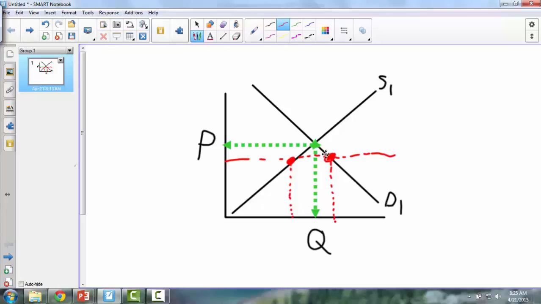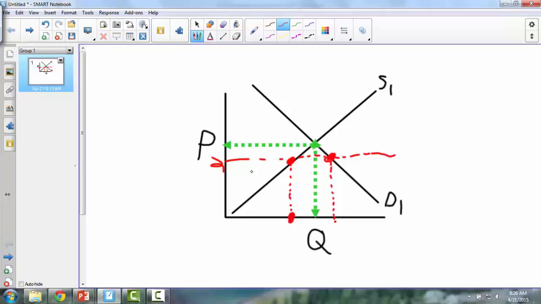At this price point, let's say it's $2 for whatever it is, because of the law of supply, let's pretend that's a low price. Suppliers at a lower price are willing to supply less of a product than at higher prices. So at this particular price point, suppliers are only willing and able to supply this amount right here.